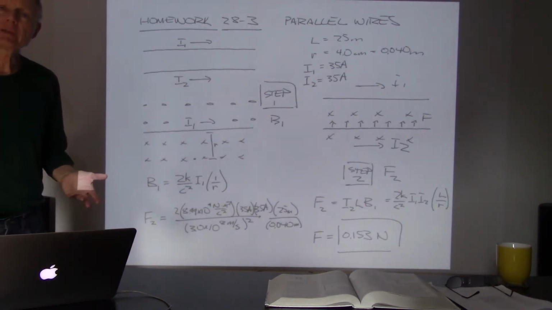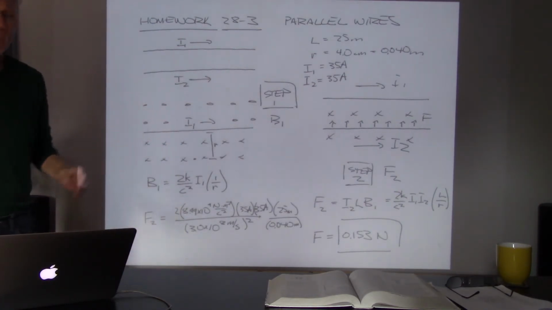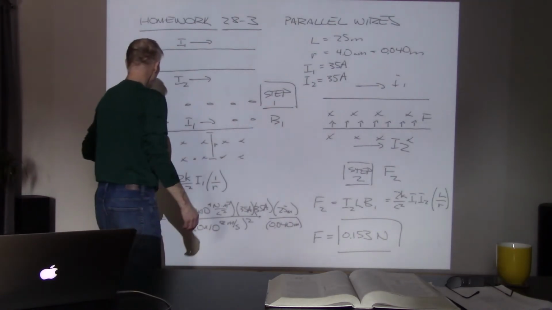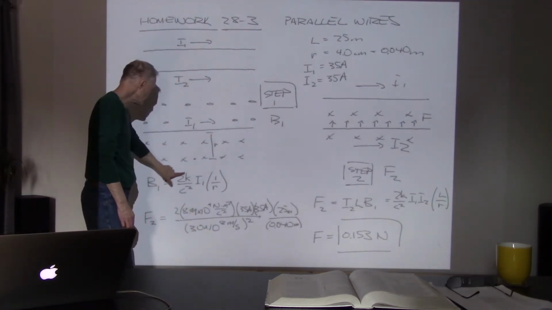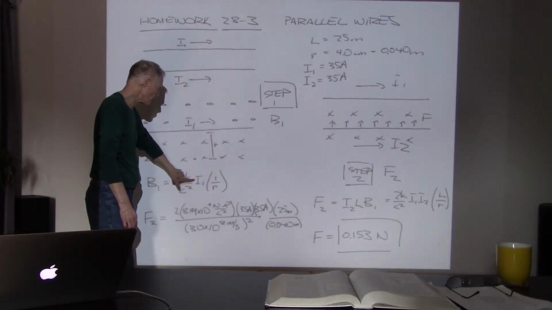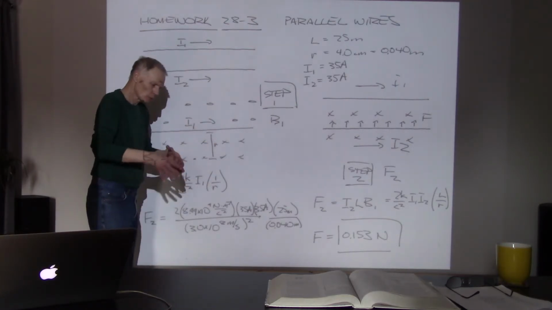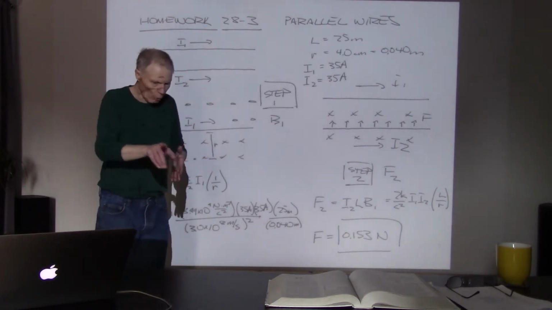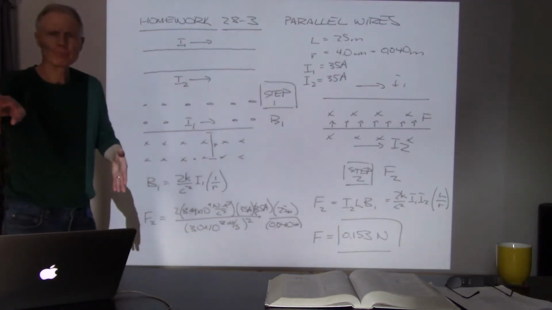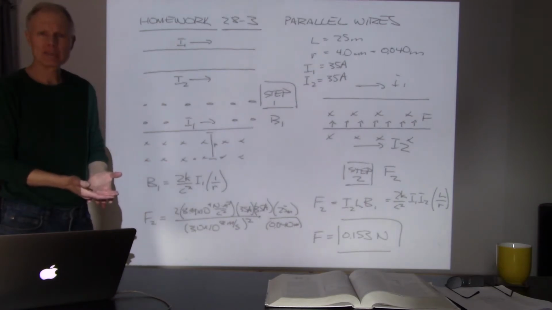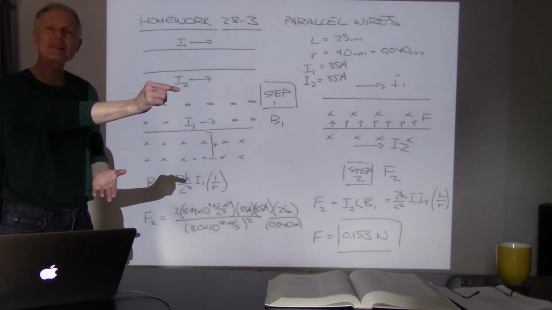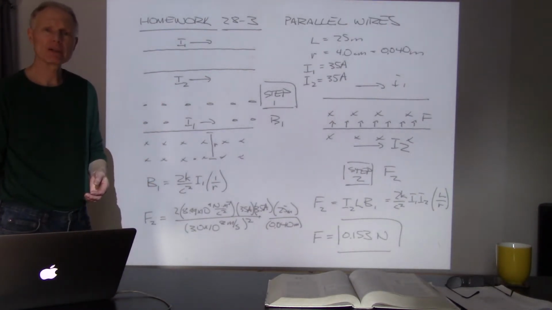The magnetic field surrounding a long wire is given by 2K over C squared times the current through the wire, times 1 over R, where R keeps track of the radial direction away from the wire. It's kind of cylindrical symmetry, with the wire running down through the center of those cylinders.